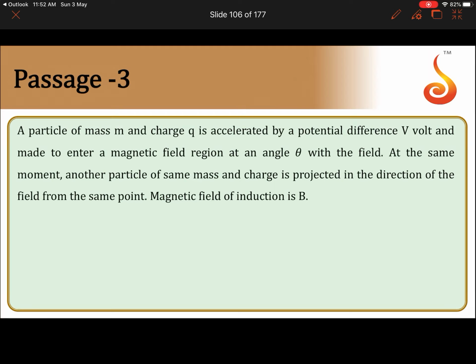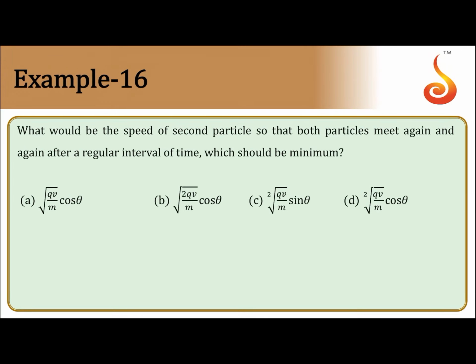Magnetic field induction is B. So what would be the speed of the second particle so that both particles meet again and again after a regular interval of time which should be minimum?